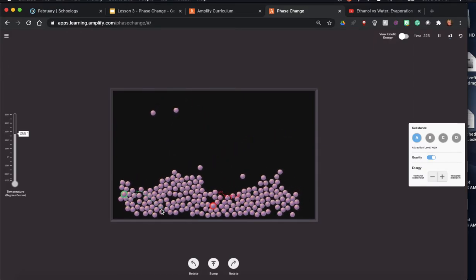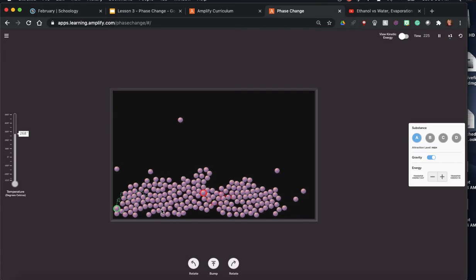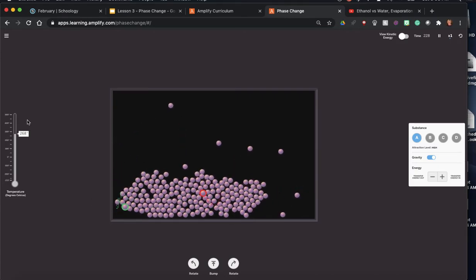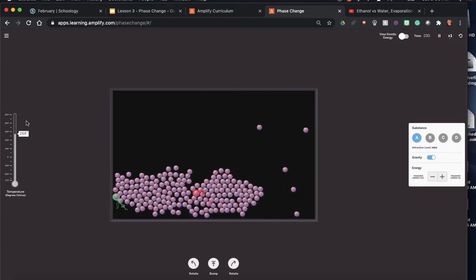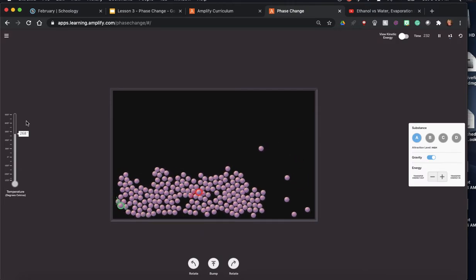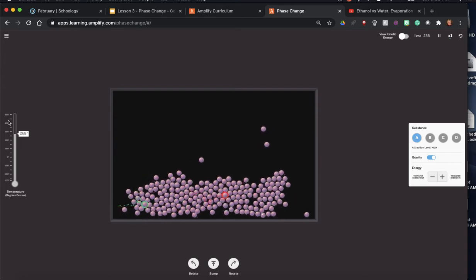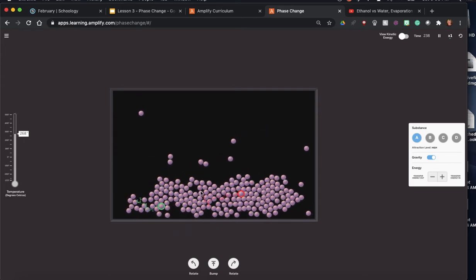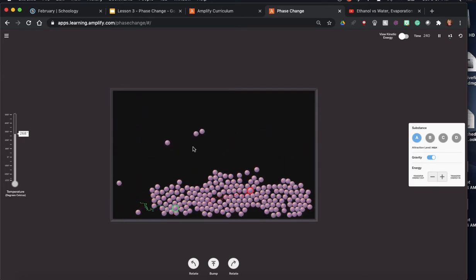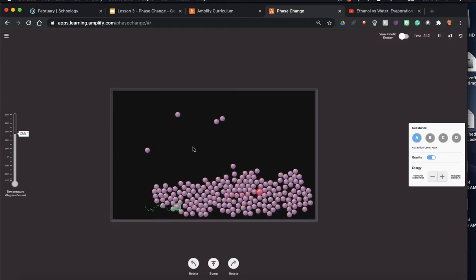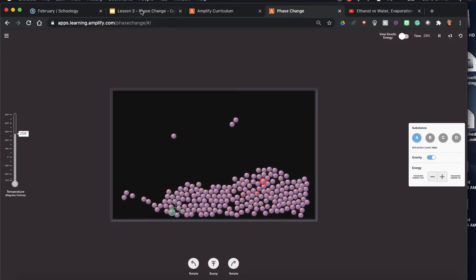There's molecular attraction here. And isn't it interesting that it took 30 clicks of energy, of us transferring energy into this system, in order for this to change? I would say now it's a liquid, but it's also kind of a gas. That's interesting, right?